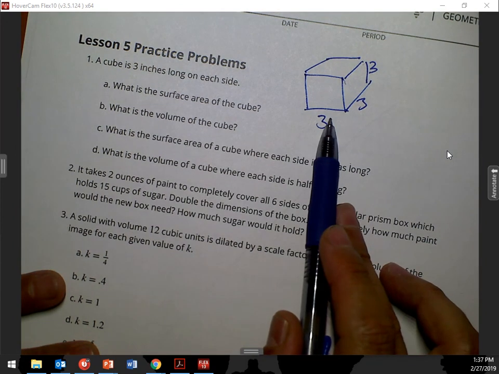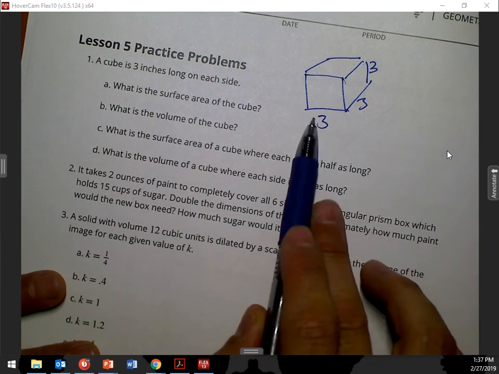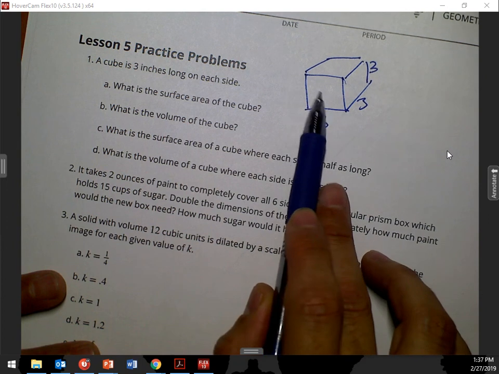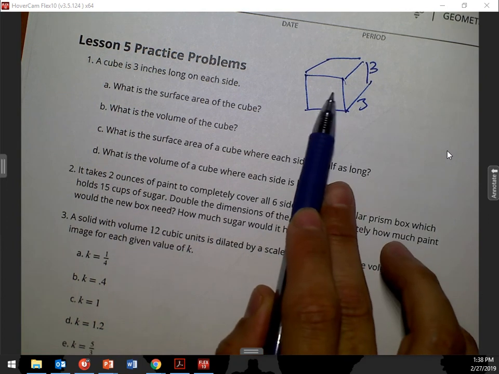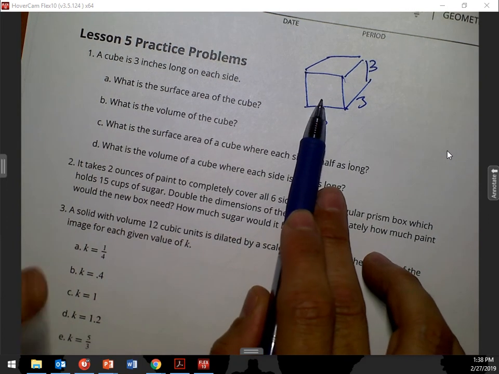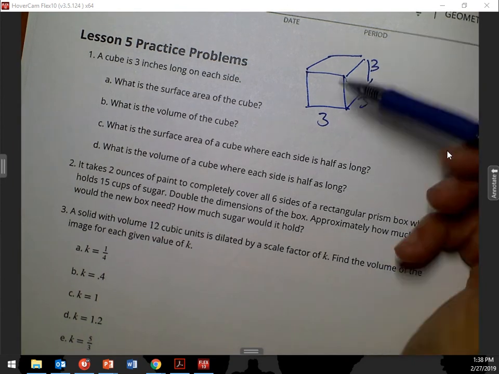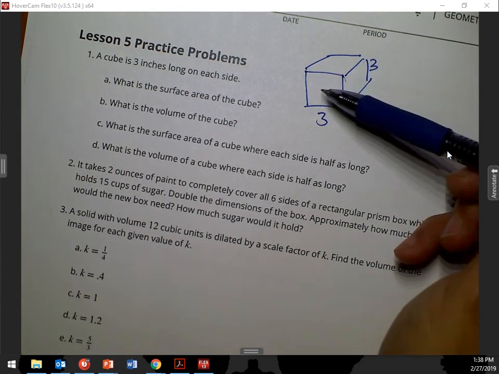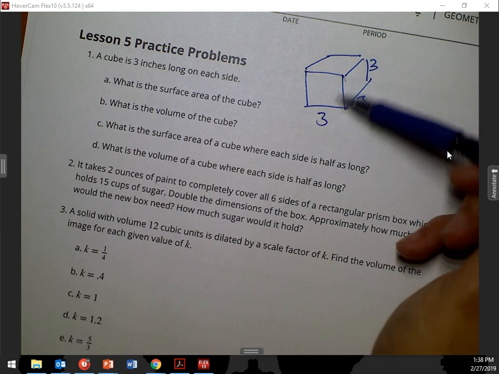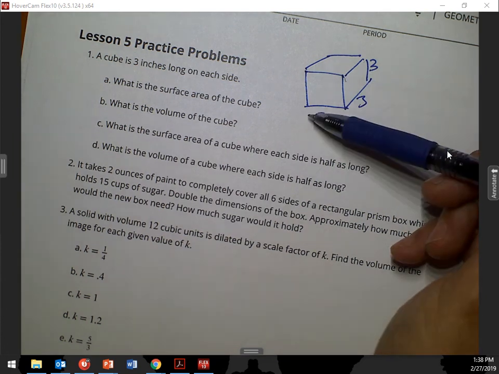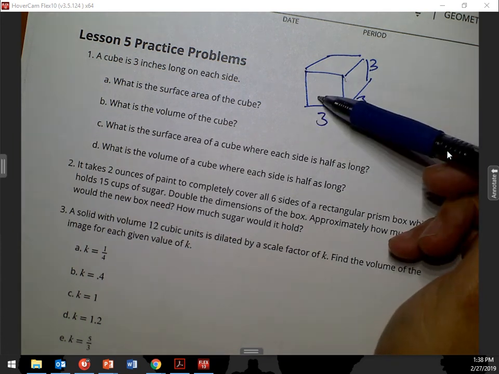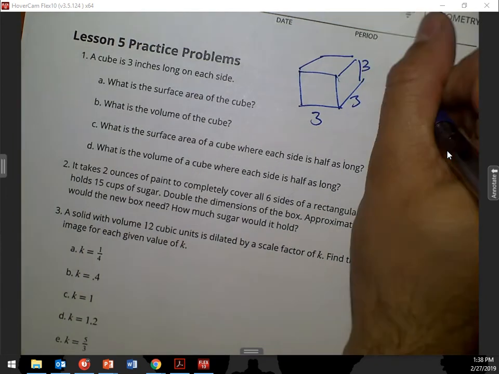You get 9. Why is it 9? Because it's 3 times 3. There is going to be 3 by 3 as the area here. This area of the front equals 9.